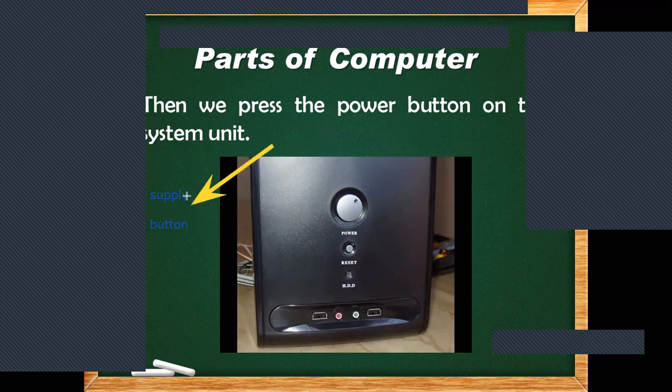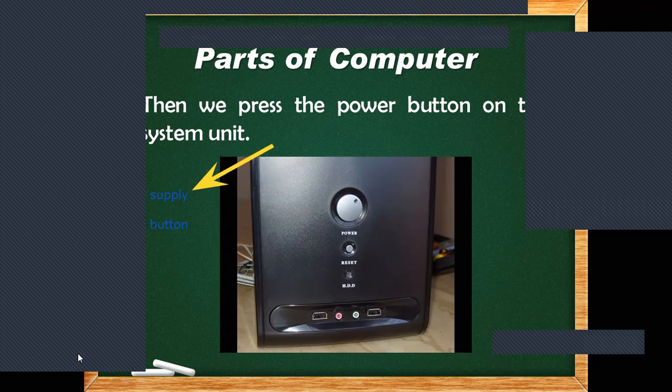Yes, sir. What is the name of the first button? Power button. Good. And what is the name of the other button? It's power supply. Say it. Power supply. Good.